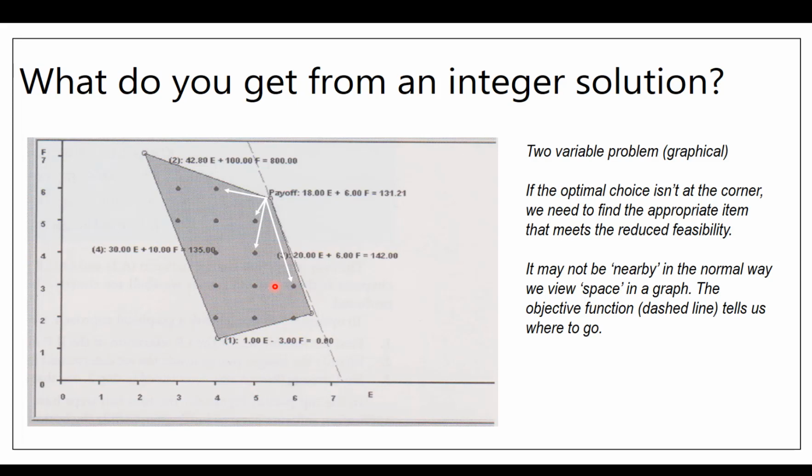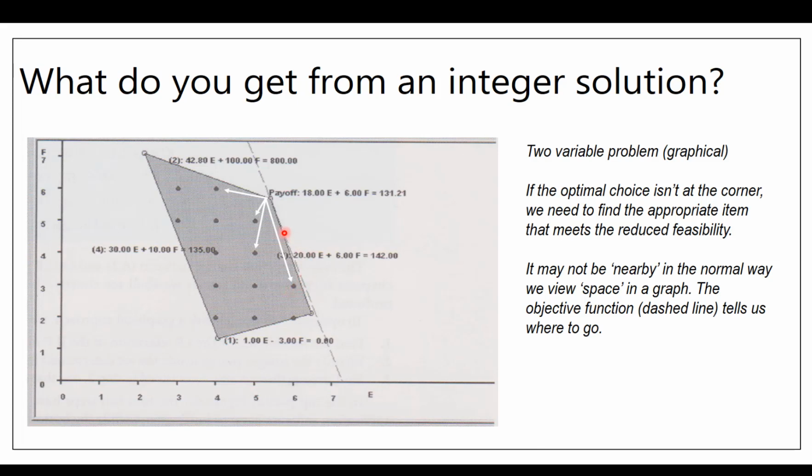So it may not be nearby in the normal way we might think of space in the graph. It's really, given that this is the slope of the objective equation, what is closest to the boundary? What is nearest to its boundary?